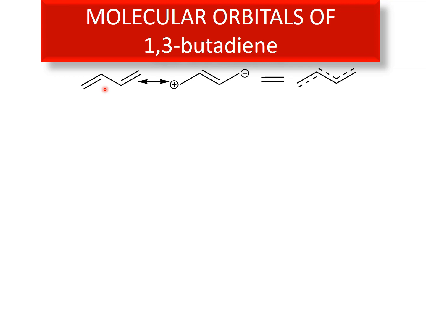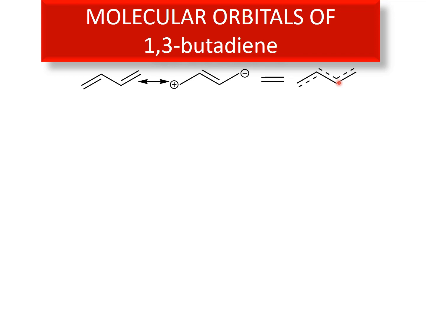So a neutral 1,3-butadiene goes to form a charge-separated structure, which is of course unstable, and it goes back. The electrons are delocalized again to form the neutral structure. So we can draw 1,3-butadiene in this form, in which the dotted line shows that the electron density is spread over the whole molecule, or all 4 carbon atoms.